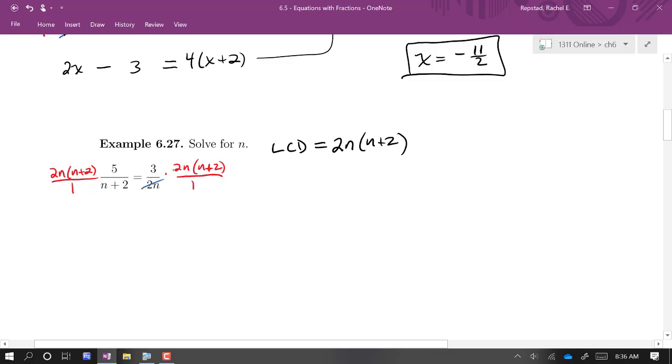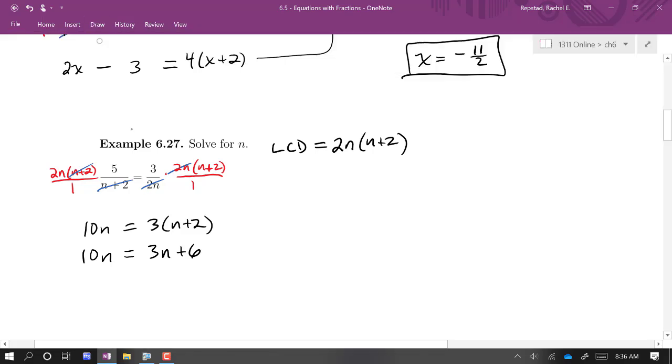So let's see. The 2n's cancel on the right side. On the left side, the n plus 2 cancels. And this fraction becomes 2n times 5, or 10n on the left. On the right side, 3 times n plus 2. There's a nice linear equation, another linear equation to solve. We know how to do that. Let's distribute the 3.